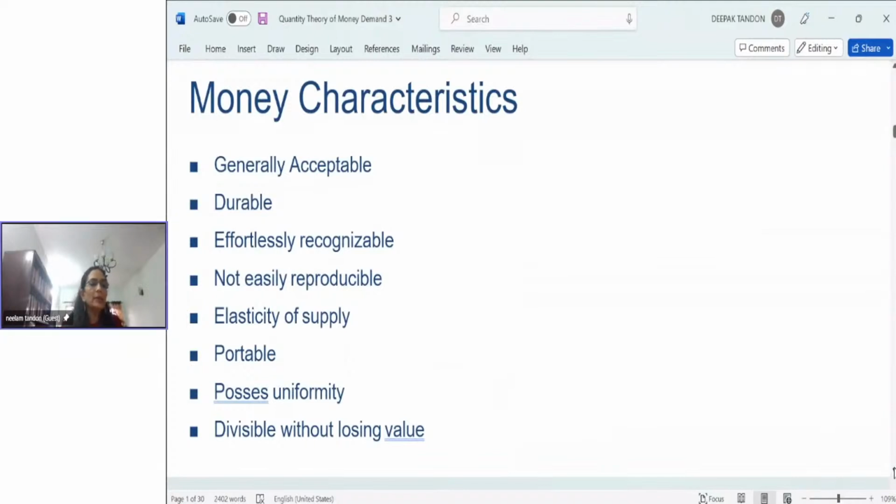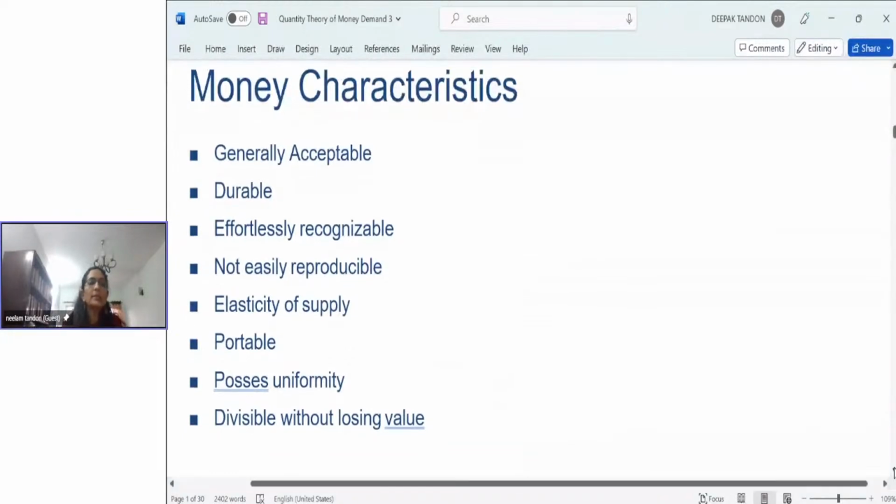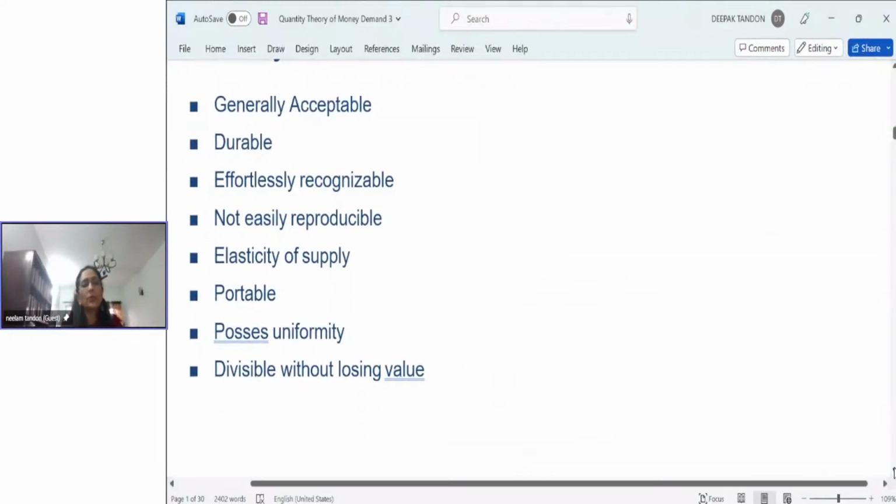Credit cards, debit cards, or digital transactions are also money. It is effortlessly recognizable. Anyone can accept it because it is a fiat currency. It cannot be easily reproduced. You cannot have counterfeit or fake currencies in the market, so the probability of risk is lower.